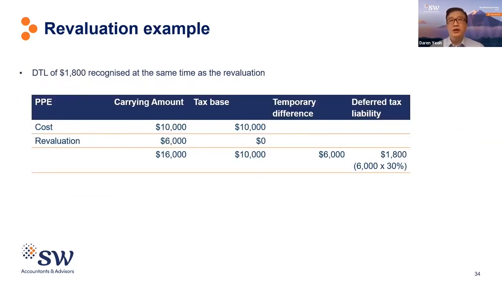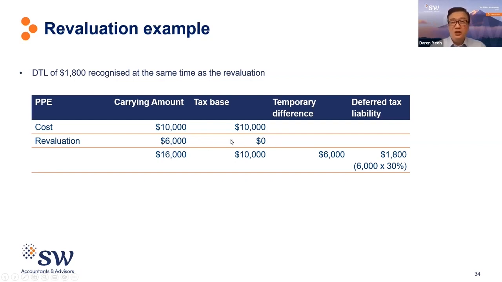And let's look at a situation where you revalue an asset. So let's say you have a plant equipment which costs 10,000. So the tax base equals 10,000. And let's say, for simplicity, you immediately revalue it by $6,000.